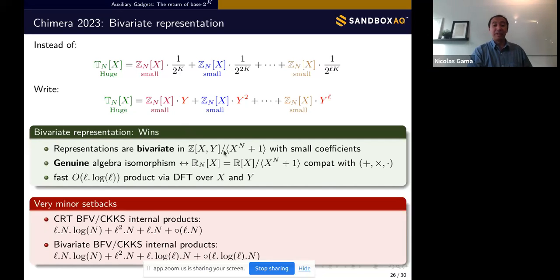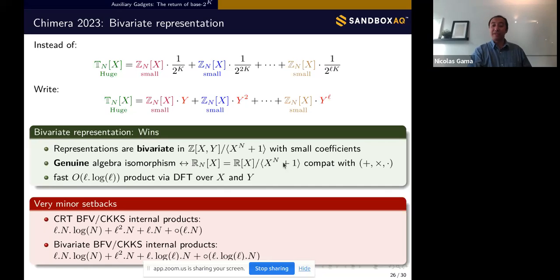But the thing that is really cool with integer bivariate polynomials is that on this ring there is an internal product, and because I'm working with an evaluation morphism, this internal product is a ring isomorphism with the real ring.